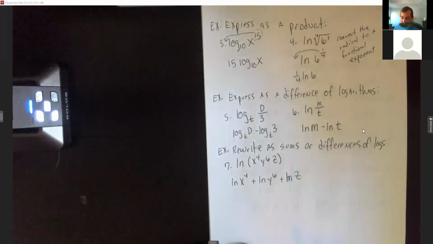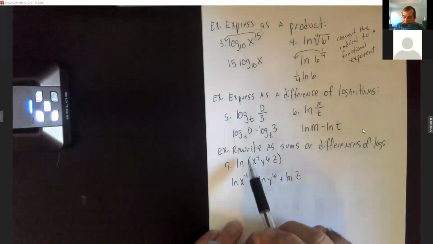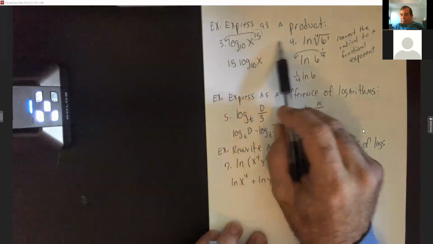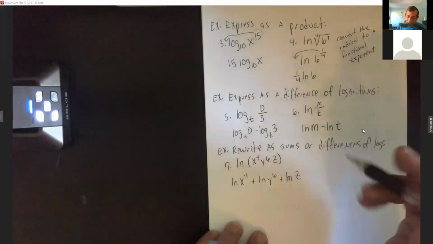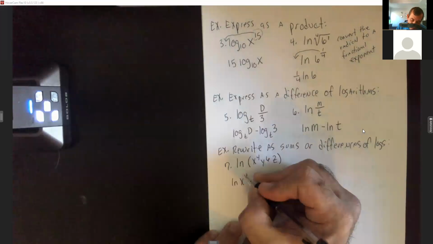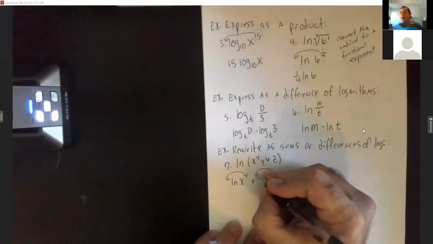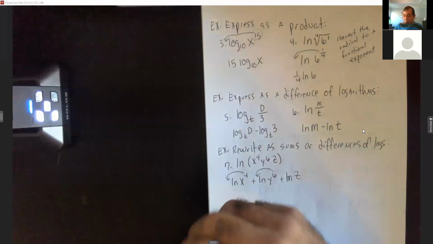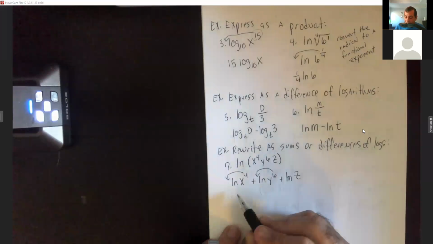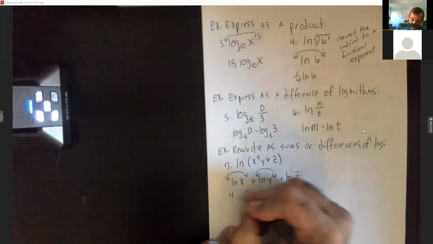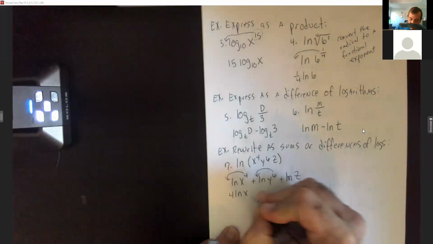Simplify it. Yeah, I'm going to simplify it. And if you notice, the only thing I can do to simplify this is rewrite them as a multiplication. There you go. So all these exponents are going to have to be brought to the front and rewritten as a product. So ln of x to the 4 becomes 4 times the ln of x.